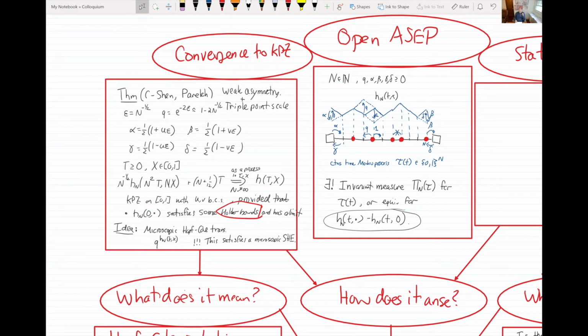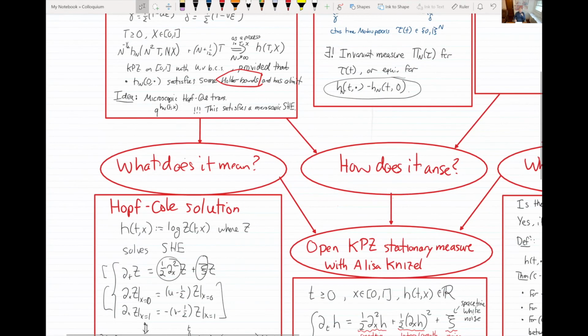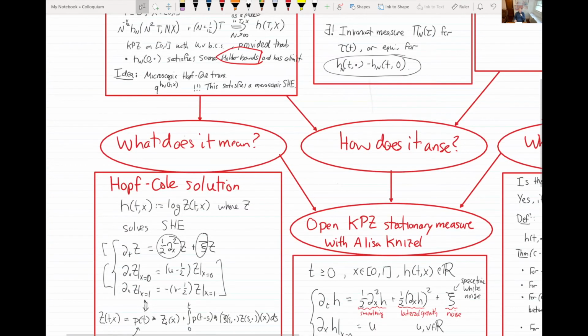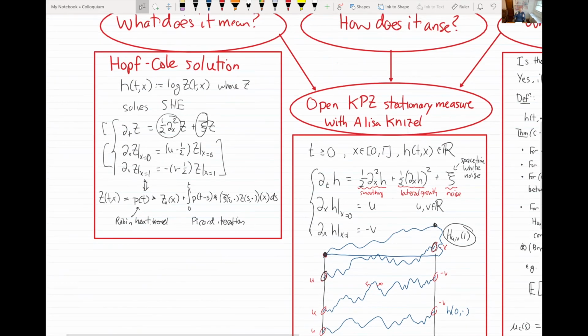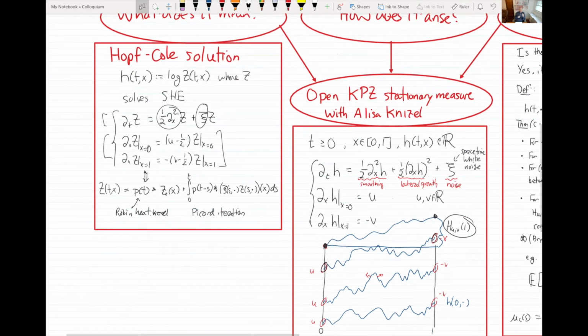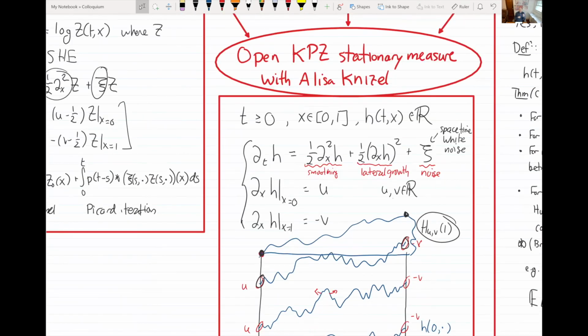So I'll answer this by looking at the KPZ equation itself. You can ask, does the KPZ equation have any scalings under which it's invariant? Forget about the boundary conditions for the moment. And the answer is no, it doesn't. And when you add in the boundary conditions, the answer is no, it really doesn't.